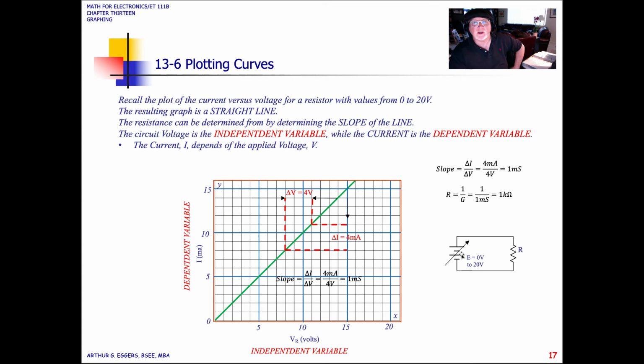As we make the increase, the dependent variable, or the variable that tracks or corresponds to the independent variable, is our current. So as we increase the voltage, we're going to increase the current in response to that. Again, we rely on the same relationships for determining our slope and the resistance, and it comes back to what we've already seen. The slope corresponds to the conductance. The inverse of the slope corresponds to the resistance.